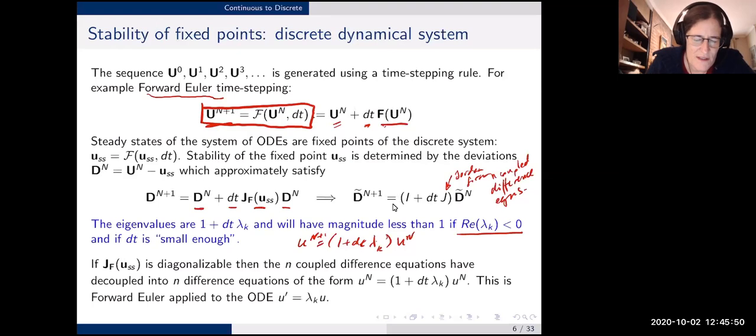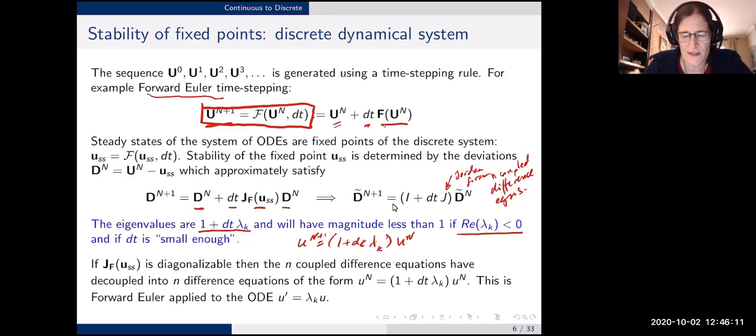The discrete system, all of the eigenvalues will have magnitude less than 1 if you take a small enough time step. And so one point is, if the steady state of the continuous problem is asymptotically stable, you would like your numerical scheme to have an asymptotically stable steady state.